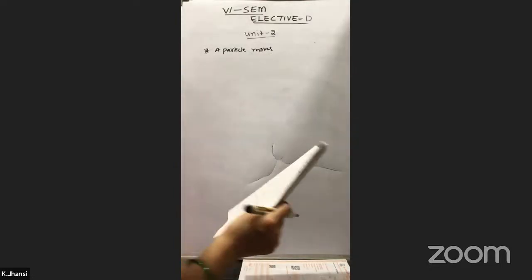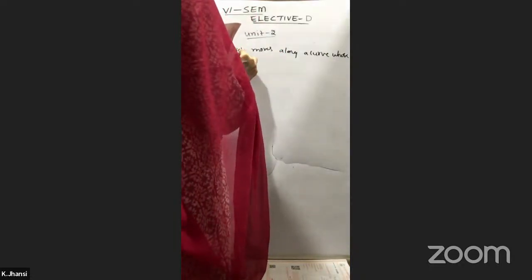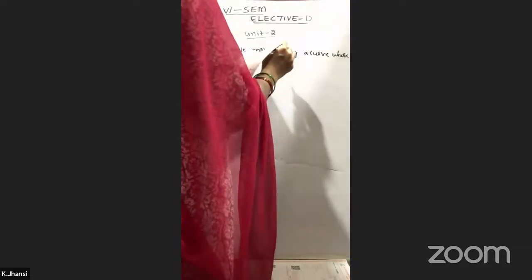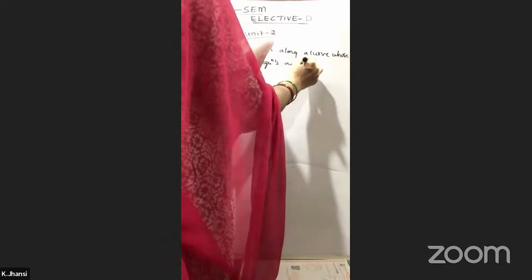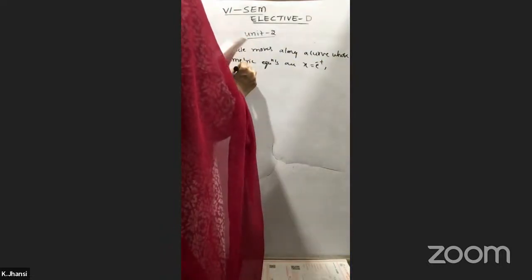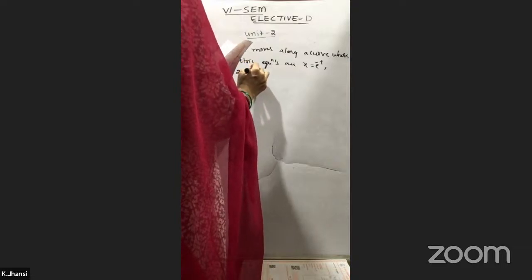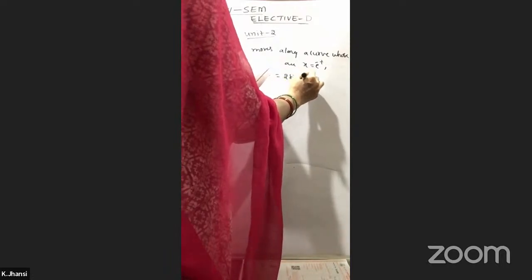Question is: a particle moves along a curve whose parametric equations are x equals to e power minus t, y is equals to 2 cos 3t, and z equals to 2 sin 3t.